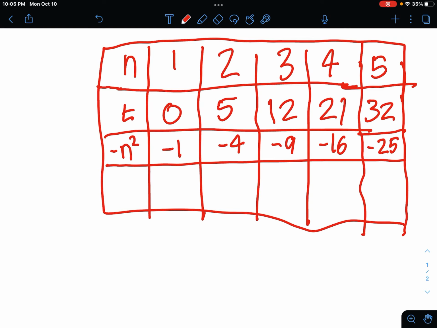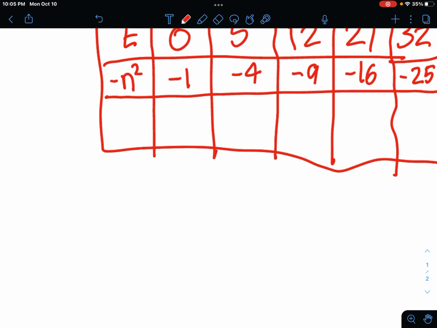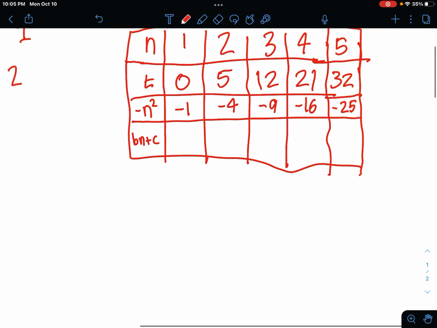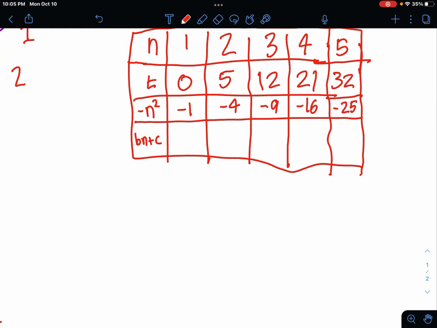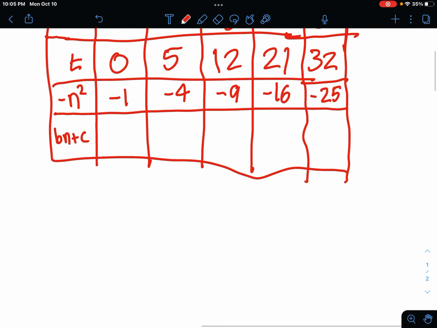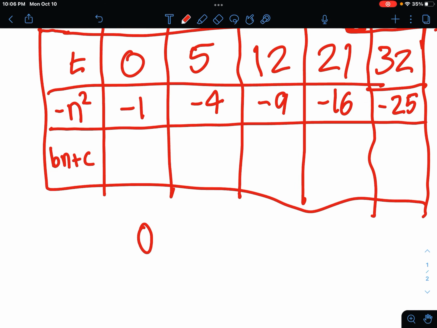Alright, so the next step is to fill out our last row. And in our last row, just write bn plus c. That's what you guys need to write. So, to do this bottom row, what we need to do is just take these two numbers and do like what they say. What I mean is, like, if I put 0 and -1 together, it becomes 0 minus 1.